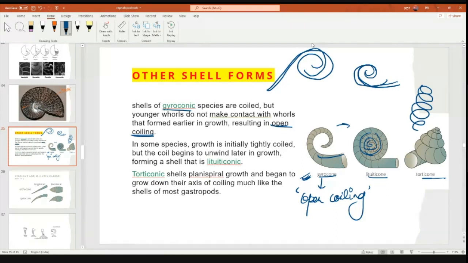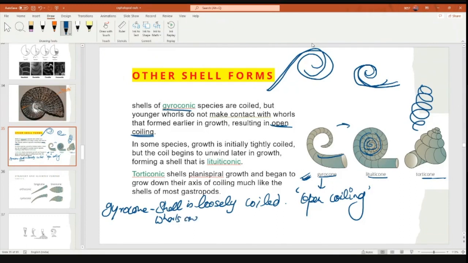Or if you want to write, the gyrocone shell is loosely coiled. Very loose. They are loosely coiled. Walls are not touching.